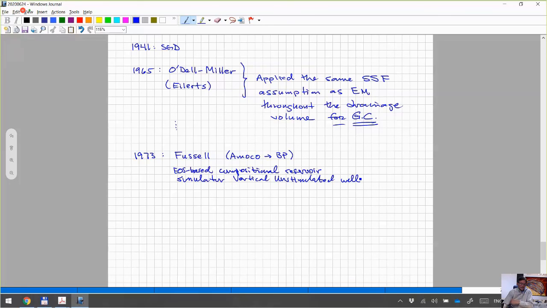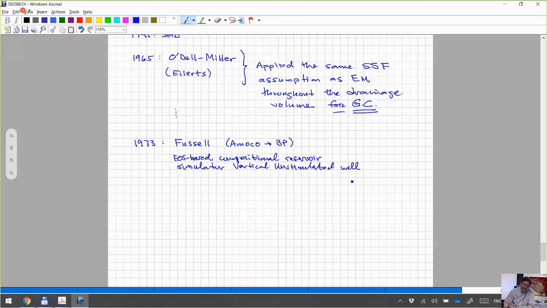And what that paper showed, and they compared it versus the steady state flow theory of Muskat as applied by Odell and Miller and Eilertz, and what they found is that this, which should be the right answer, because this compositional reservoir simulator should be the right answer, the condensate blockage was much less severe than this steady state flow theory.